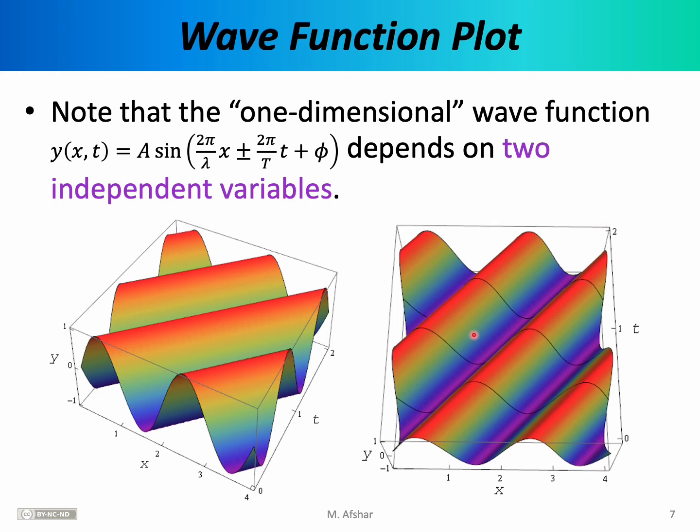We're not going to use surface plots like this very often because they're difficult to generate or draw. However, keep in mind that we are talking about a more complicated situation compared to simple harmonic motion. We have a function y, which now depends on two independent variables.